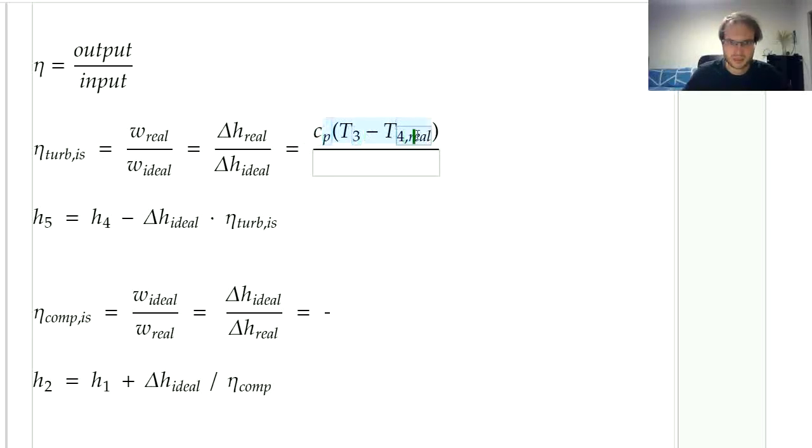That's the real enthalpy difference, and the enthalpy difference for ideal expansion would be Cp times T3 minus T4, or we could also write T4 isentropic. The efficiency of expansion is 0.4 and here was 0.3.